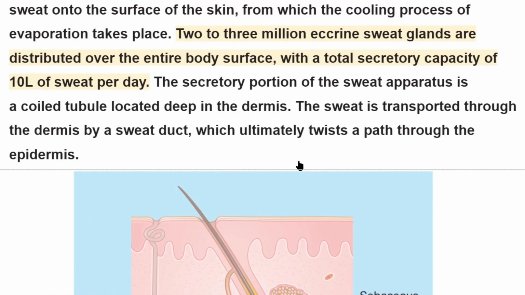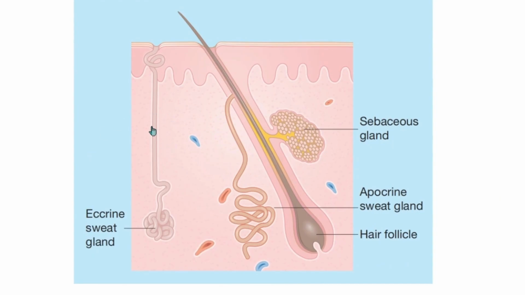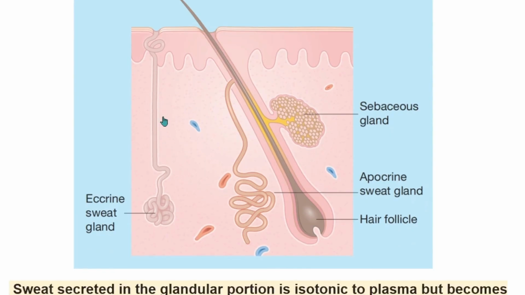This is due to the reabsorption of electrolytes in the sweat duct. The action of the mechanism of sweat glands is like that of collecting tubules in the kidney.